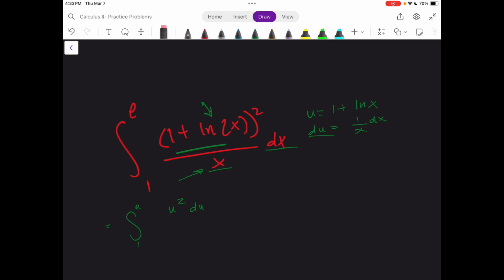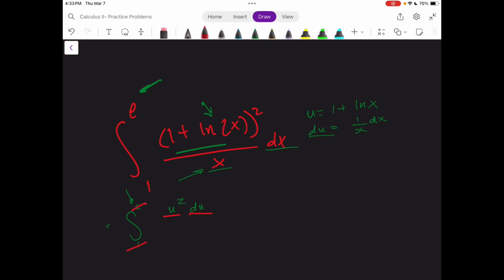But these bounds right here are bounds of x. So we have two options. We can either do the integral, plug back in our function of x, and then evaluate at those x bounds, or what I prefer to do is to plug those bounds into the u function as well, to convert those x values into u values, because if a function has a du and a function of u, these better be u bounds.